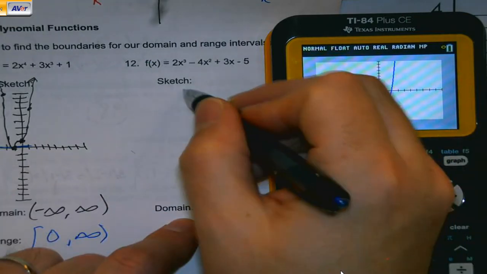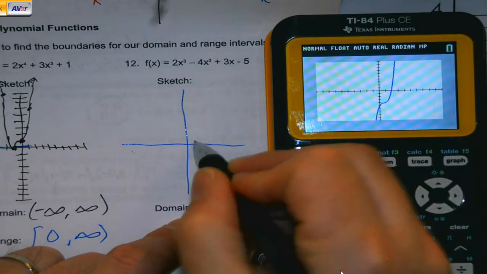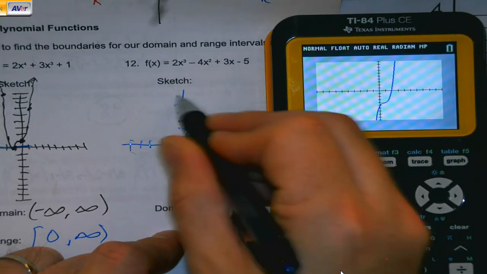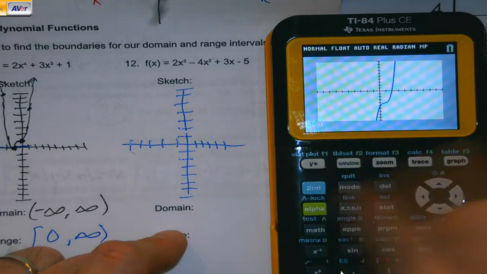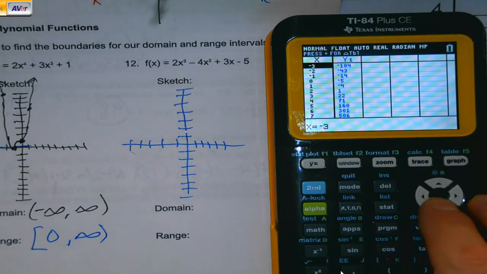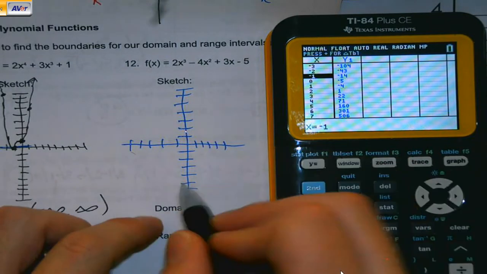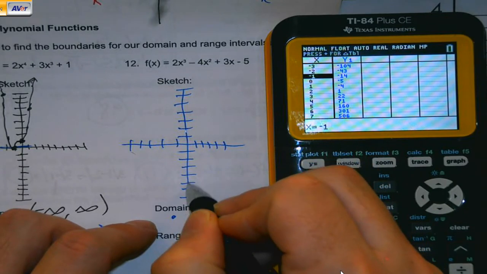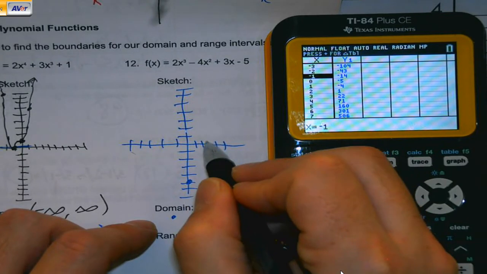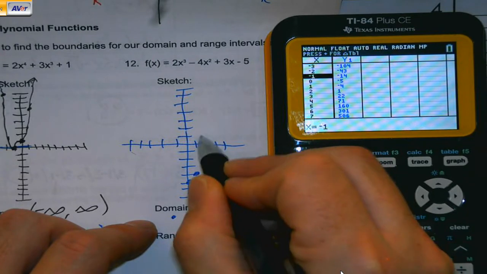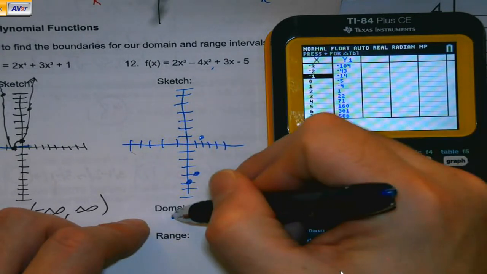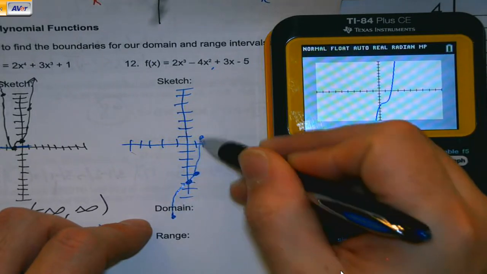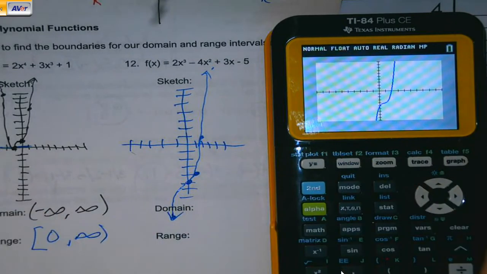All right, kind of snaky. So we'll do second graph to look at our chart. And I get my graph working here.